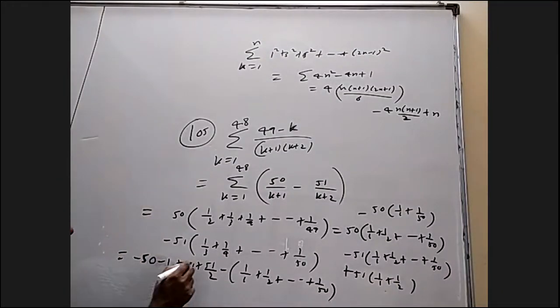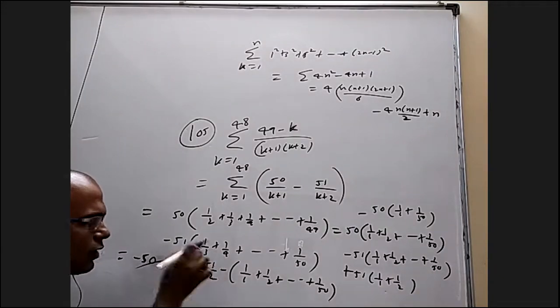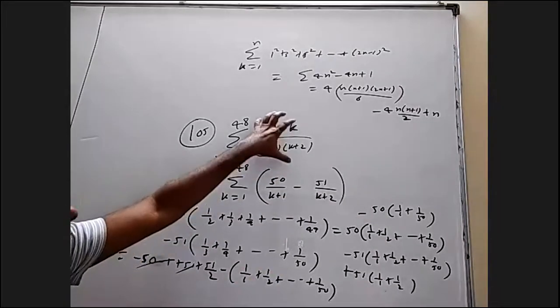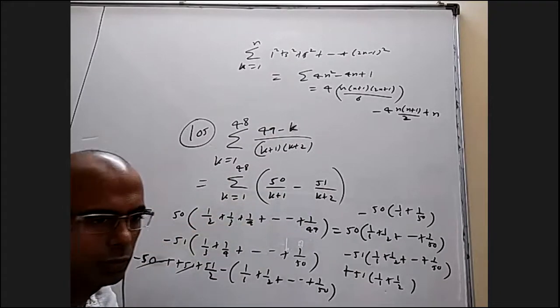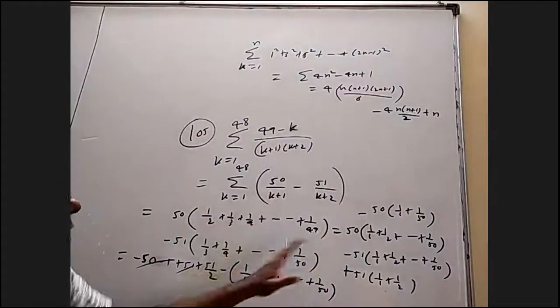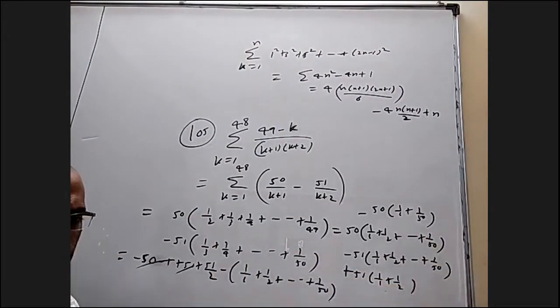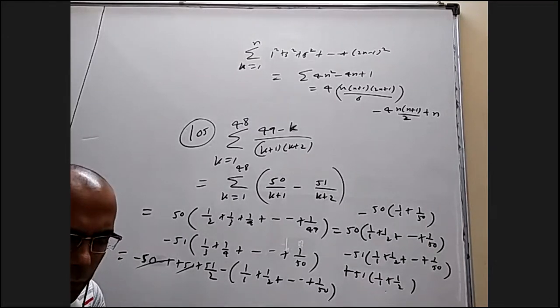This minus 51 plus 51 got cancelled. So you got 51 by 2 minus all this. This 51 is your k now. So the main thing is finding the nth term or kth term and doing partial fractions, not necessarily method of differences, but we are getting some reciprocals of natural numbers. Is it okay? 105? Yes, sir. Okay.